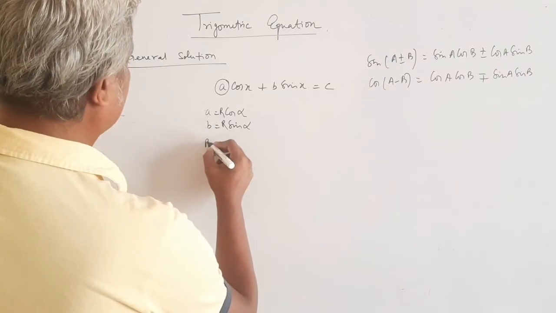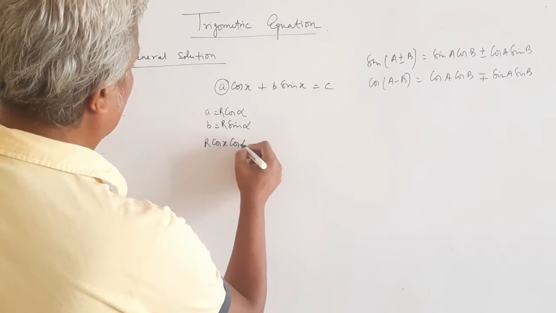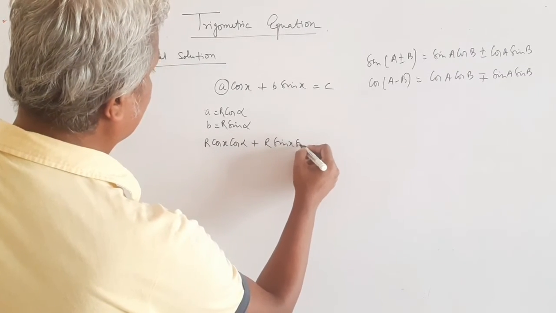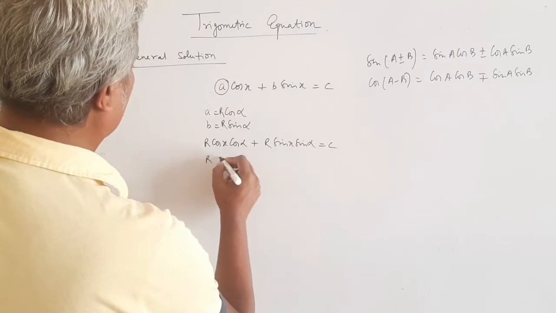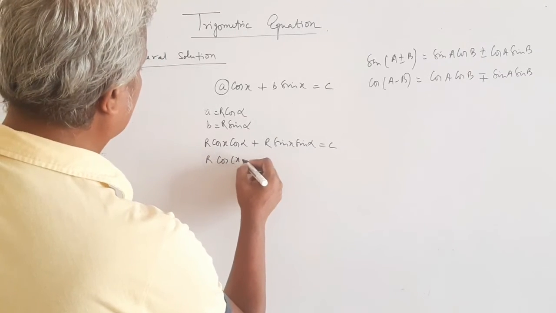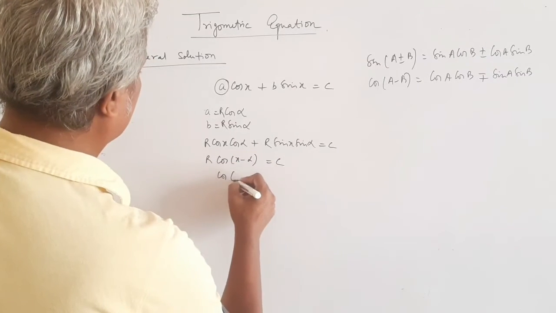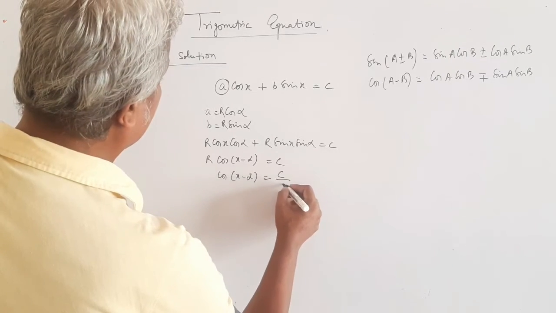So this will become r cos x cos alpha plus r sin x sin alpha is c. Now you take r common and this will become cos of x minus alpha is c. So now cos of x minus alpha will be c by r.